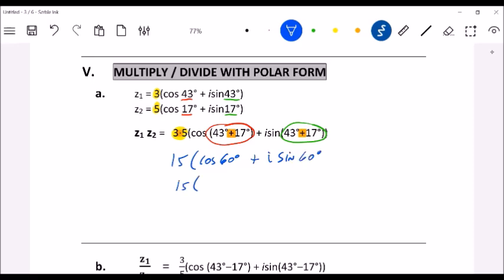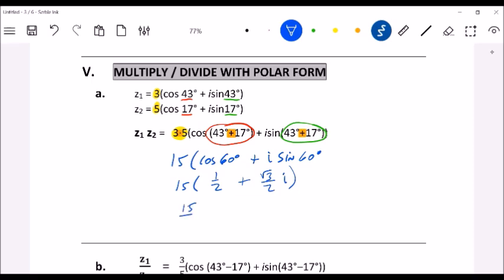And then we can do like we did above, because we're going to change it into a rectangular form and get the actual numbers. So for 60 degrees, cosine of 60 is 1/2, and the sine of 60 is square root of 3 over 2. And then we multiply 15 times them.